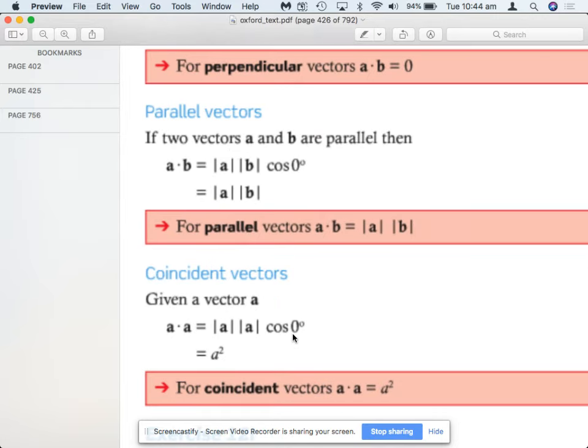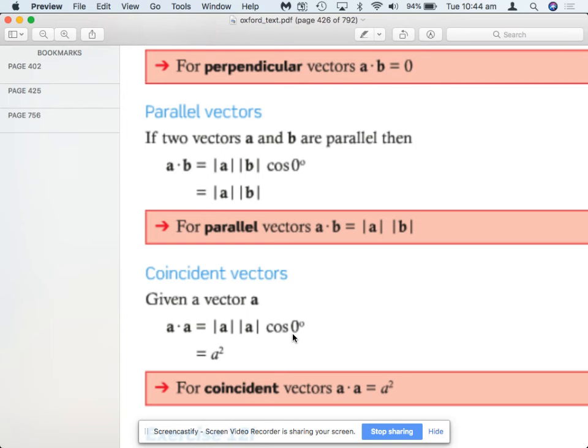Parallel vectors are going in the same direction, so the angle between the vectors is 0, and the scalar product will just be the product of the magnitudes. And that third one there is coincident vectors.